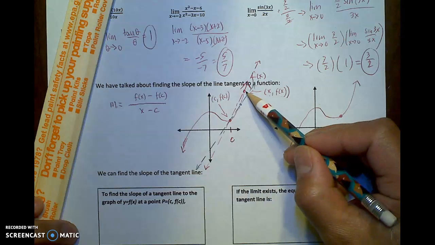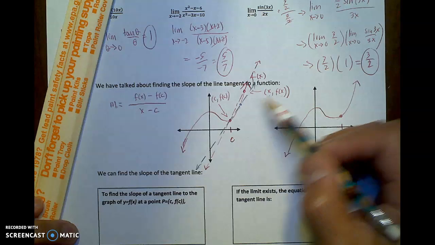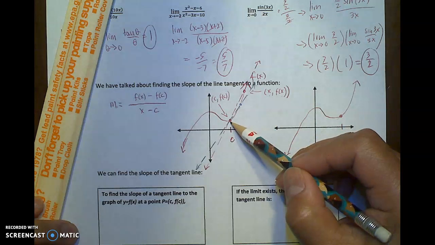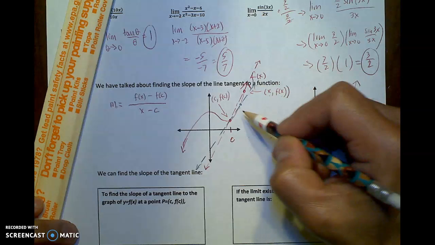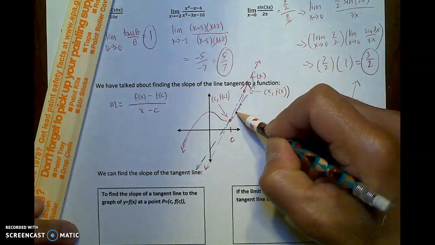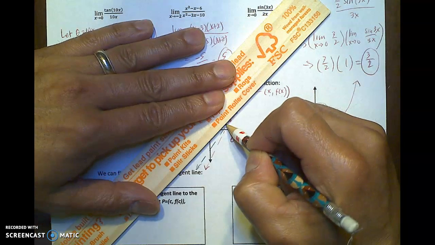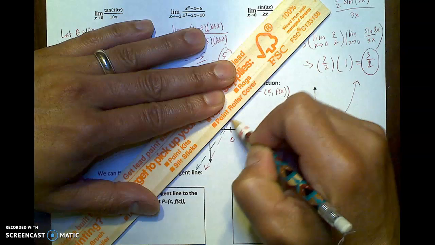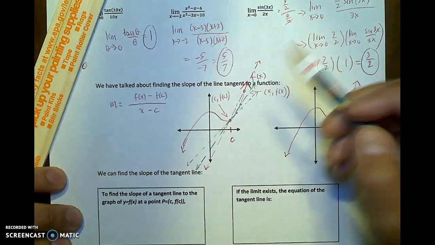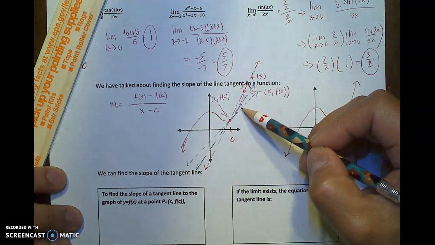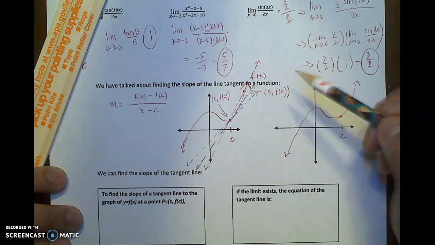Obviously, as I pick different x points and connect them with my c point, my slope is going to change. I could pick another one that's closer to c, this point. Not to clutter up this graph too much, we can see that as I move my x points closer and closer to c, the slope is changing.